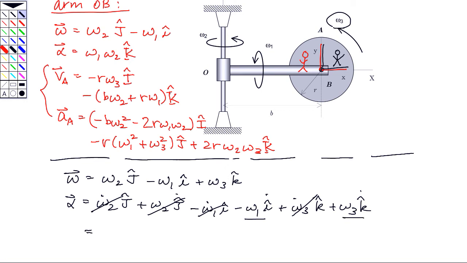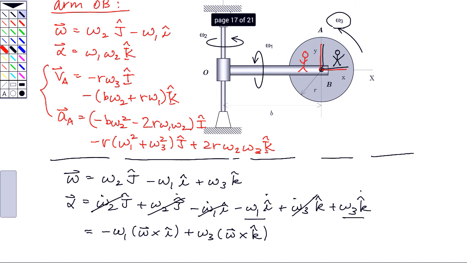We're going to go ahead and rewrite those. So we get minus omega 1, and then the time derivative there is omega crossed with I, and to that we're going to add omega 3, and that k dot becomes omega crossed with k. So there's a bit of algebra that we have to do here in order to sort this out.